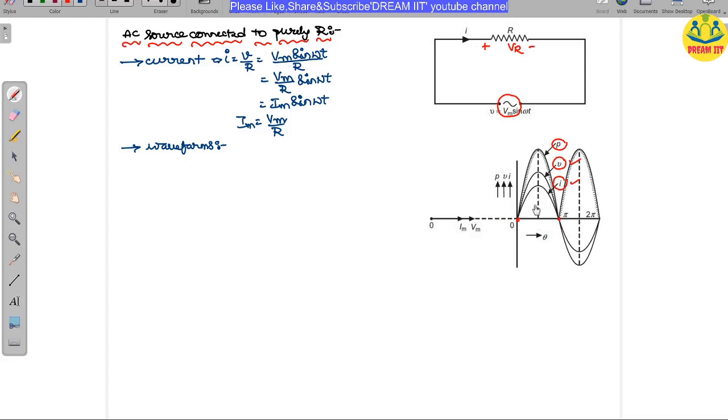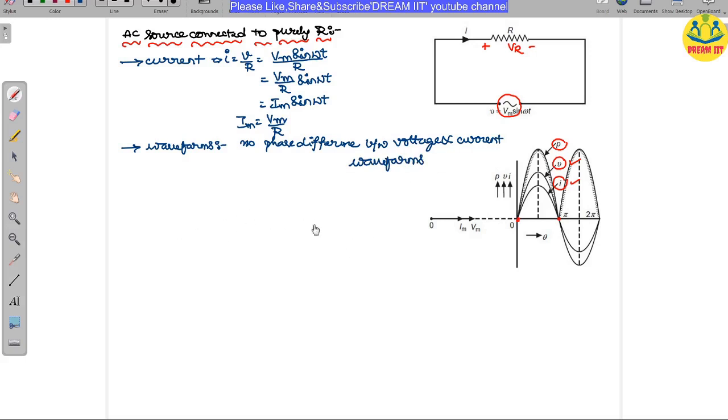So we can write: no phase difference between voltage and current waveforms. They both are in phase with each other.